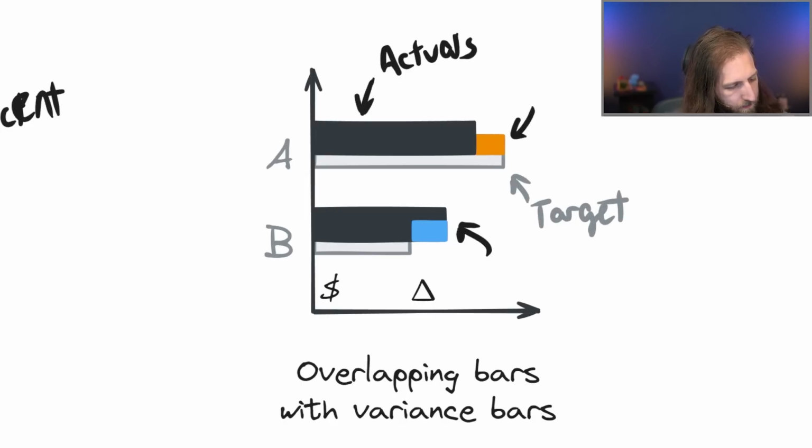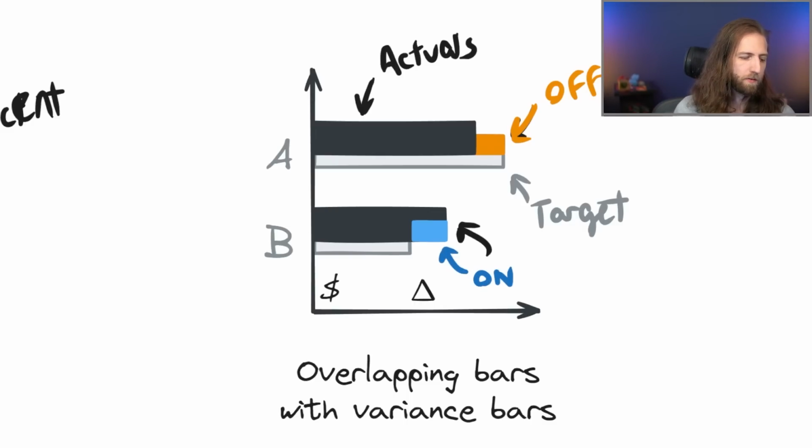And we're looking at the variance between them, which is what's being conditionally formatted. So we can see that this is off target by that much, and this is on target by that much. So this can also be a more effective alternative than this bar and candlestick approach, because it's more concise, and it's also easier to visually identify what the difference is between our actuals and our target.